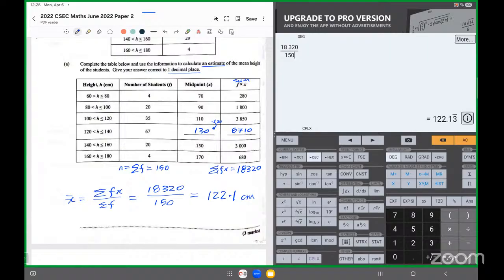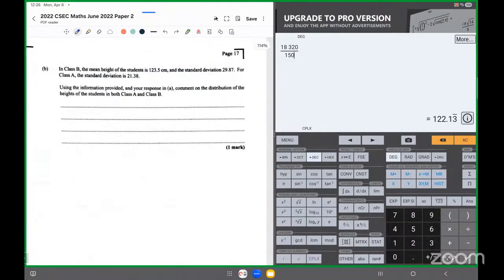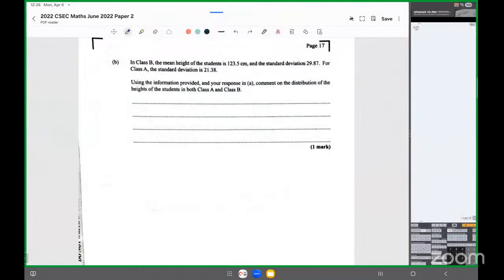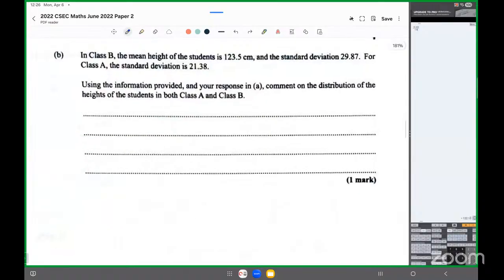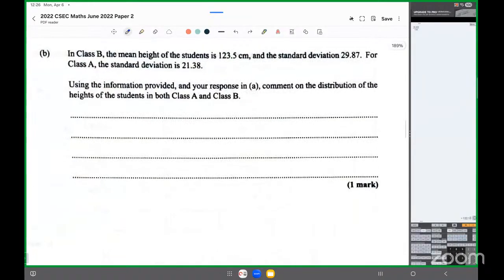Yes, sir. All right. Next part down here now, talking about standard deviation, right? CSEC will not ask you to calculate standard deviation, they'll ask you to compare standard deviation. Let me say it one more time. Standard deviation is a measure of how the data is spread away from the mean.